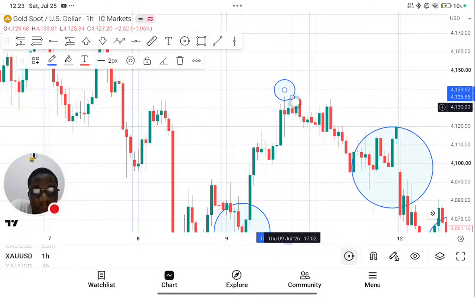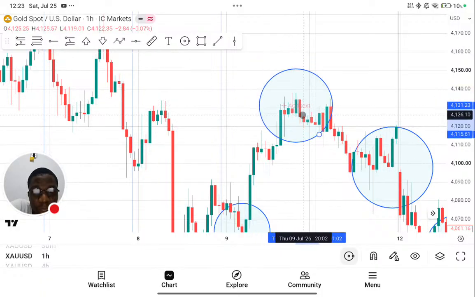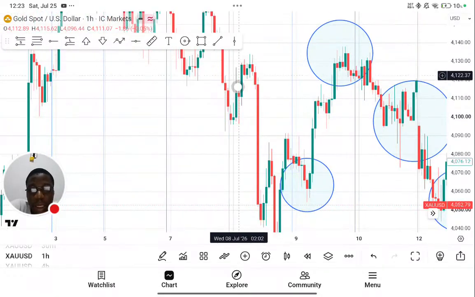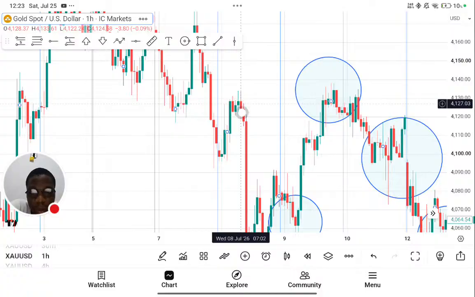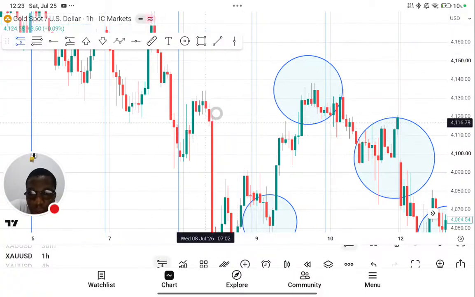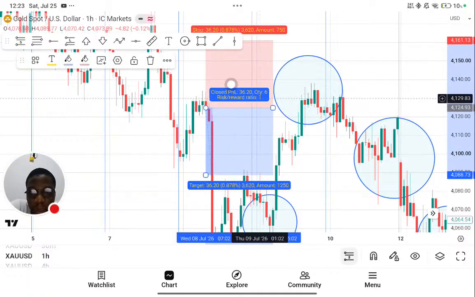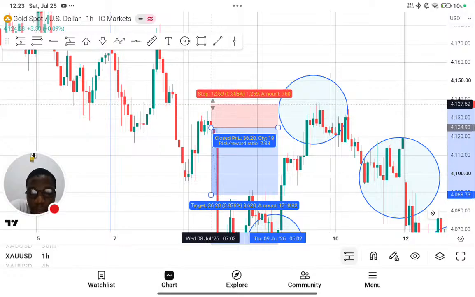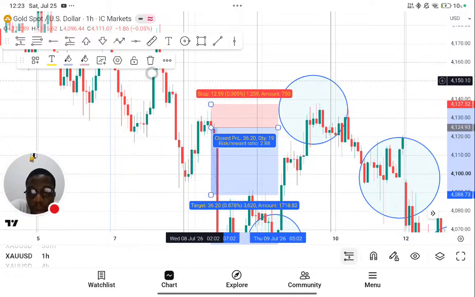Even just observing, you see that price was at this resistance. Look at the engulfing candle that made this short. Price engulfs, you put your stop loss here, for example, and then you target.